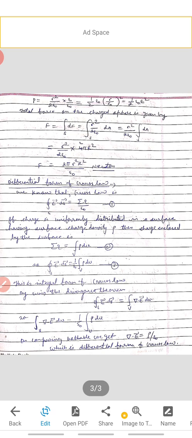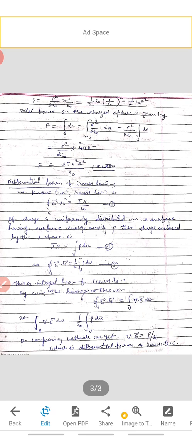For finding the differential form of Gauss law, we use the divergence theorem, which is given by surface integral E dot ds is equal to volume integral del dot E dV.